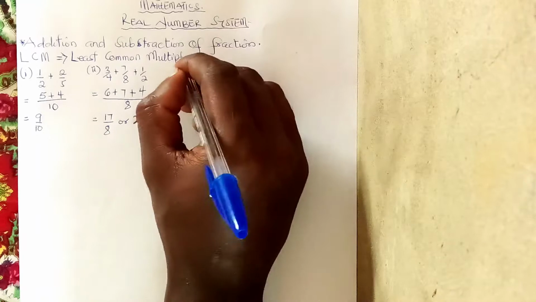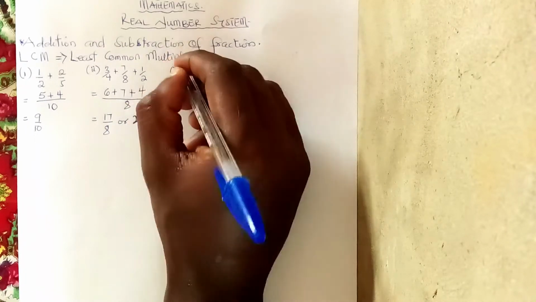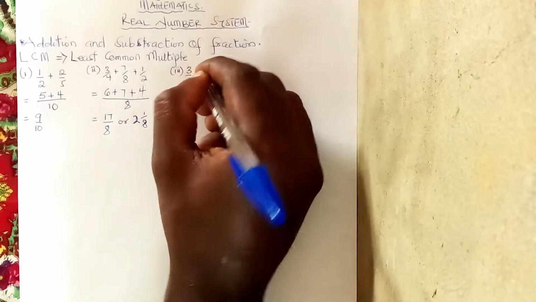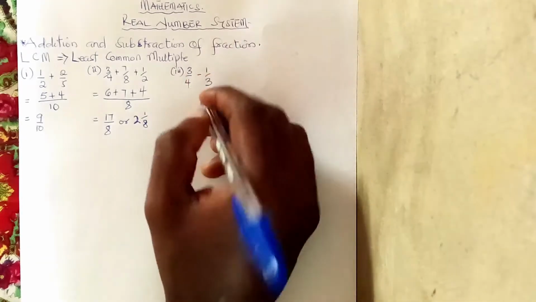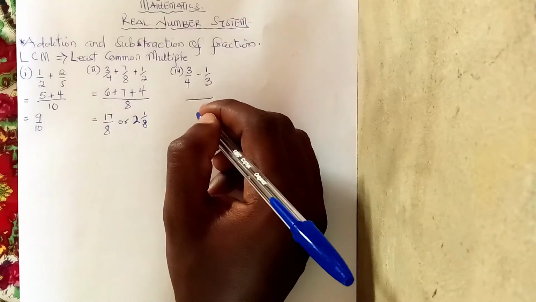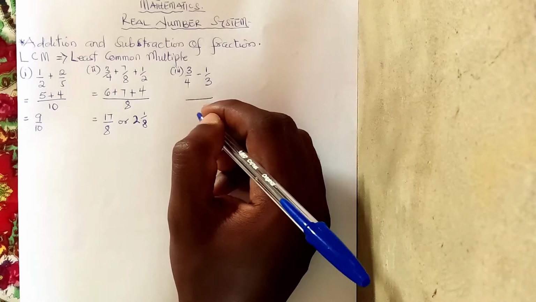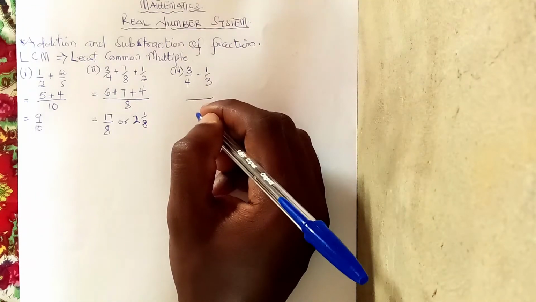With subtraction, example 3. We have 3 on 4 minus 1 on 3. The same thing applies here. We find the least common multiple LCM. Therefore, we have numbers ranging 12, 24, and it goes on.